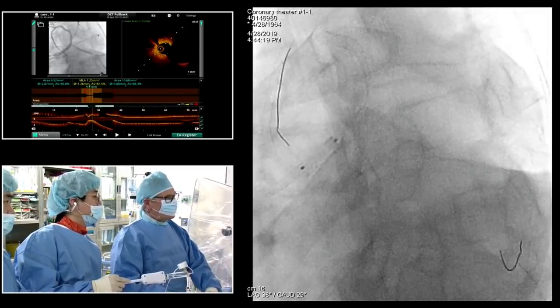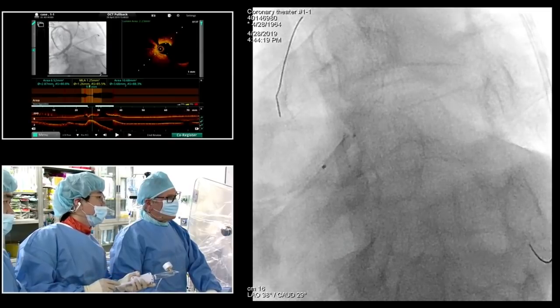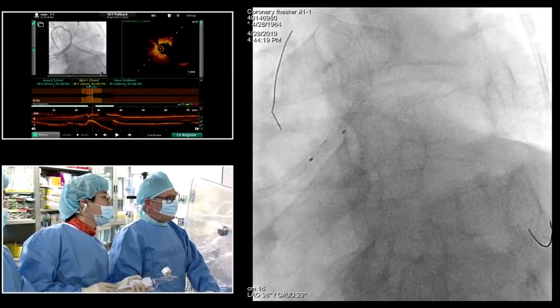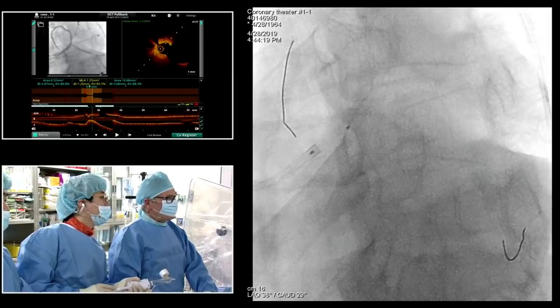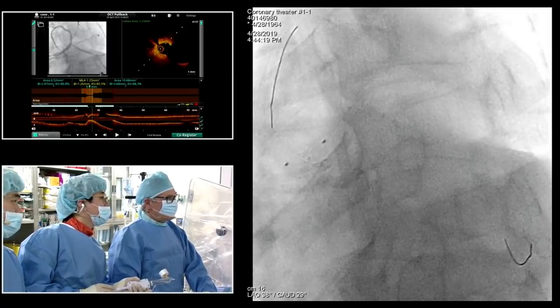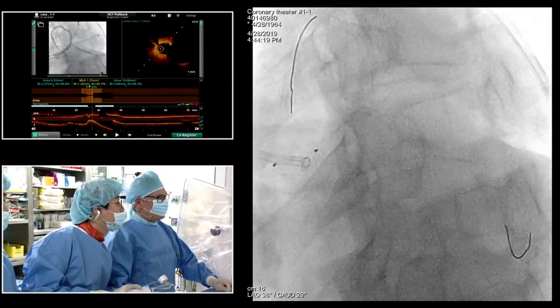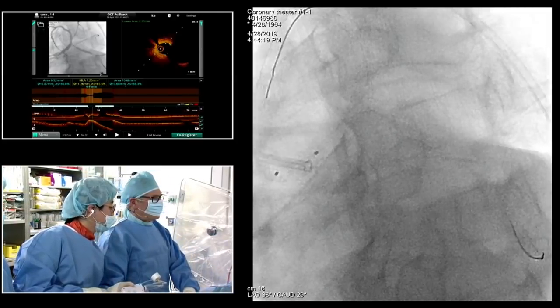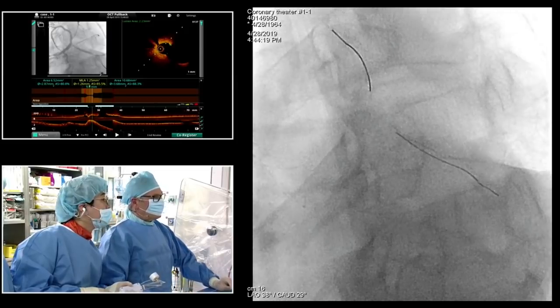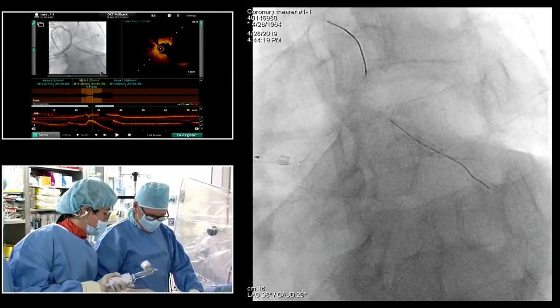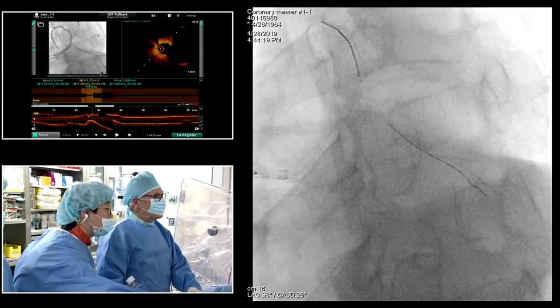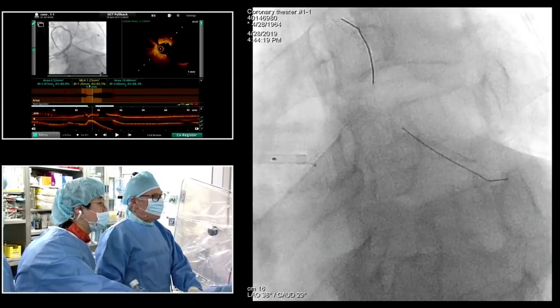Cutting balloon? Yes. So we have a lot of friction. Which problems? Is this the Wolverine or a classic cutting balloon? I don't know.